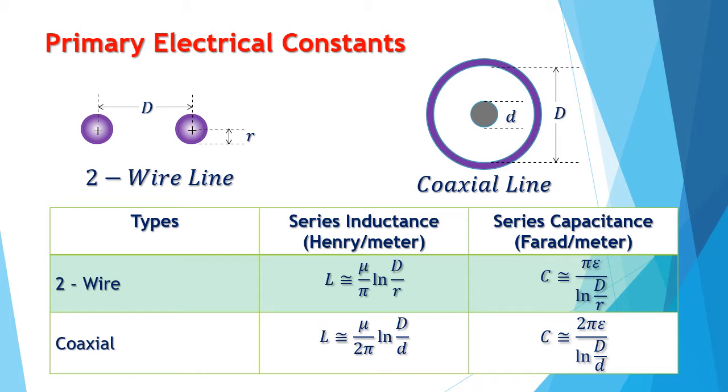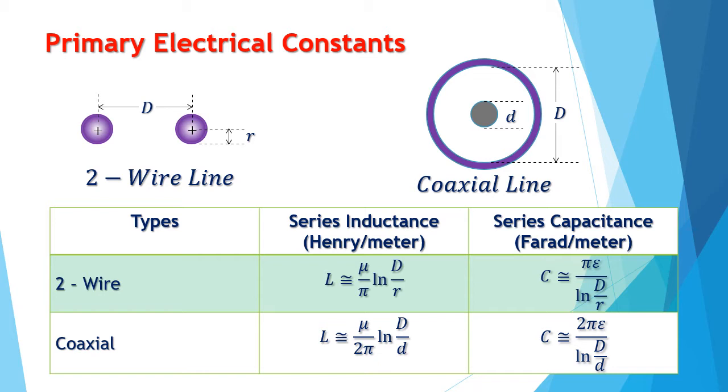Inductance is equivalent to mu, the permeability, divided by pi times the natural logarithm of the distance between the two wires divided by their radius. And for coaxial cable, the inductance is equivalent to the permeability divided by 2 pi times the natural logarithm of the diameter of the outer cable divided by the diameter of the inner cable.